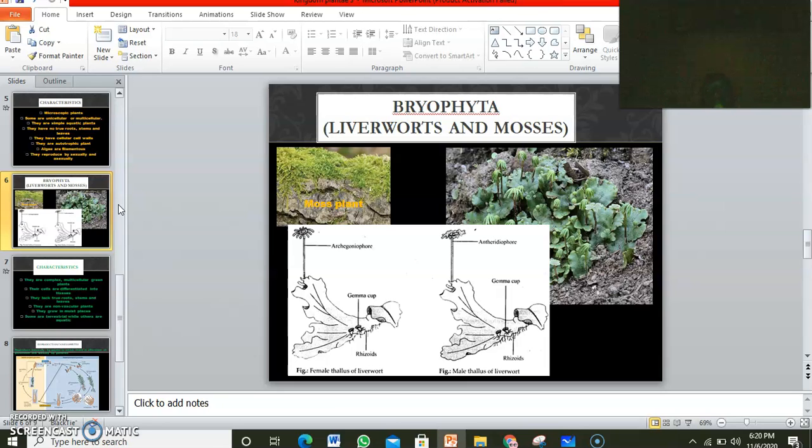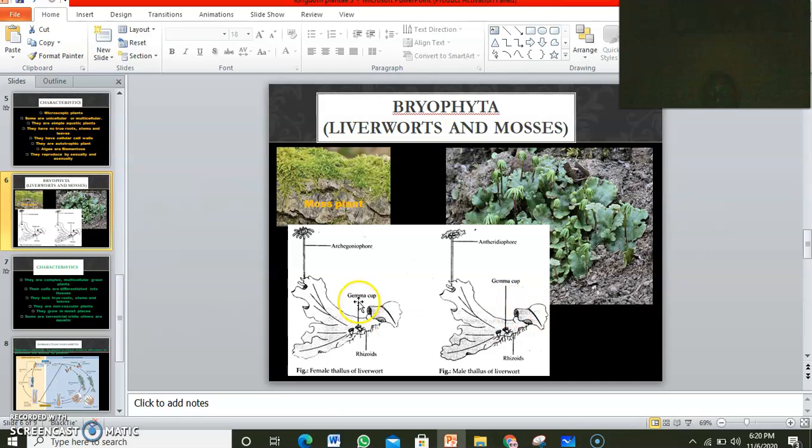So they are Bryophytes, they are multicellular plants. But there's something that distinguishes them from the other plants which we're going to look at. Now, a good example of Bryophyta are the moss and also the liverworts. Now, the moss, this is the liverwort. This is the actual plant, the liverwort.